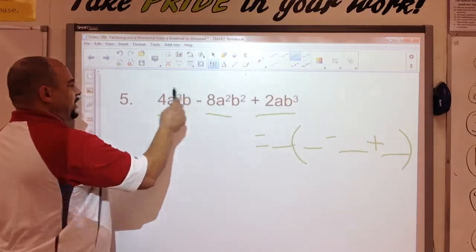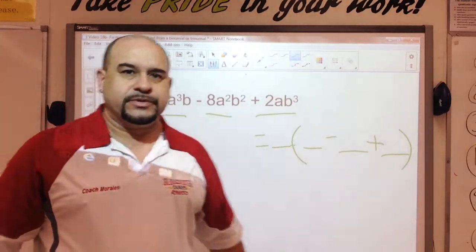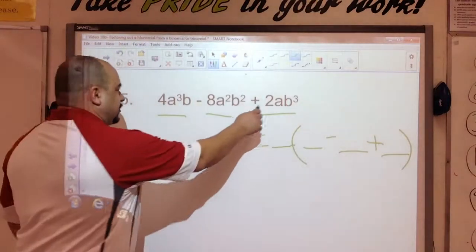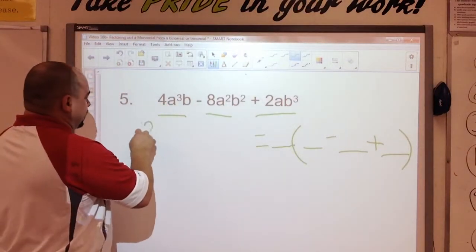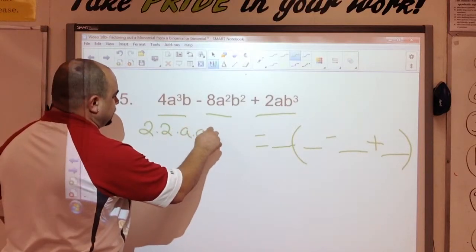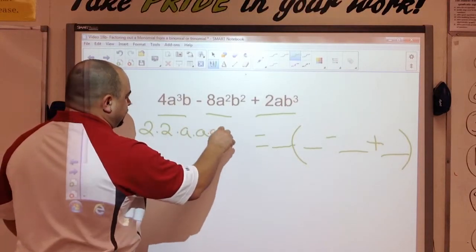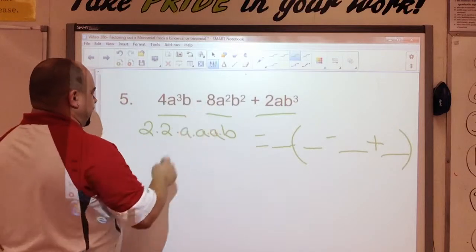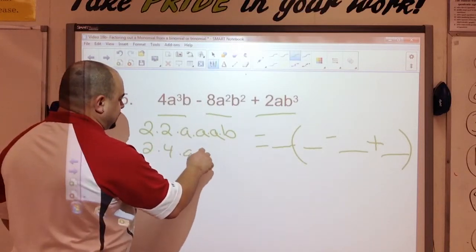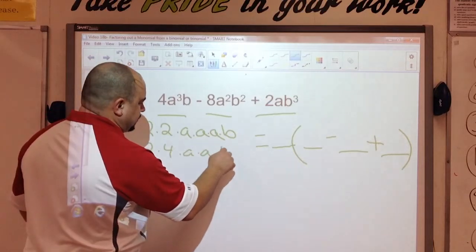Okay, so let's start with the smaller number. Does 2 go into 8 and 4? Yeah, 2 does go into it. So 2 is going to be my GCF. So I'm going to start with 2. 4 is 2 times 2, and I have 3 a's and 1 b. Then I have 8, which is 2 times 4, then I have 2 a's and 2 b's.